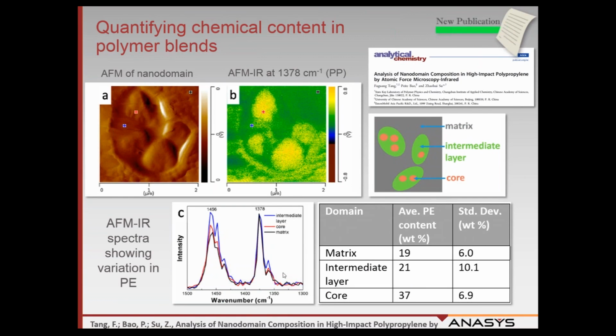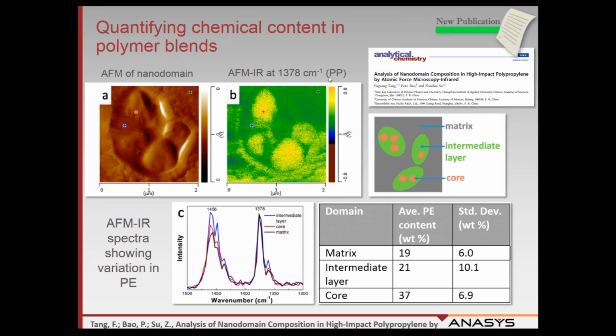So now, how do we apply this to locally quantitate material concentration in AFM-IR? Well, what they did is they took a series of spectra at different locations on a sample, and this is showing a topography, sort of a close-up of one of the nanodomains, and then an AFM-IR absorption image taken at this 1378 peak, and you can see some variation in that polypropylene content.